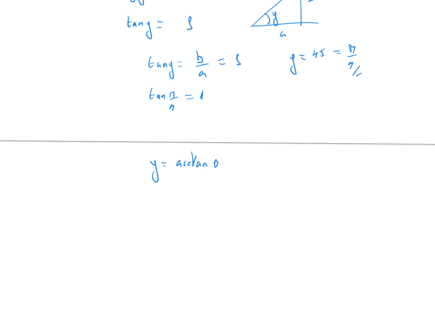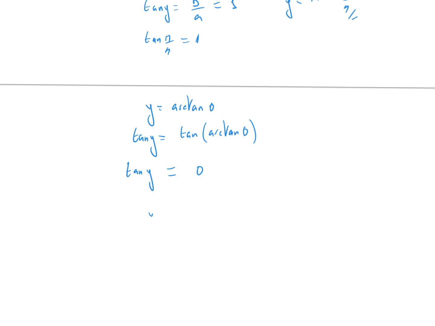I will apply tangent to both sides of the equation because tangent of the arctangent, since they are inverse functions, will be 0. So tan of y is 0. What is y whose tangent is 0? y is 0 because tan of 0 is 0.